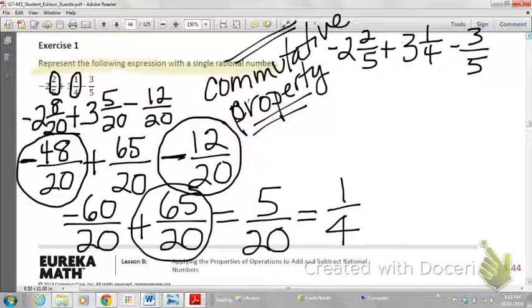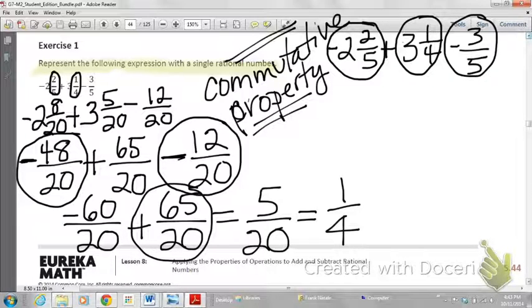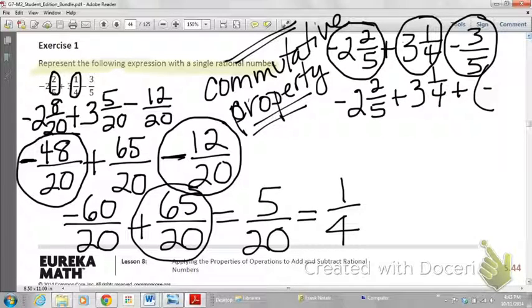despite the order of the numbers involved, and the numbers involved we have here is we have a negative 2 2/5, we have a positive 3 1/4, and we have a negative 3/5. So if I were to go ahead and rewrite that right away, I'd want to just go ahead and do negative 2 2/5 plus 3 1/4, and then I want to do plus a negative 3/5.